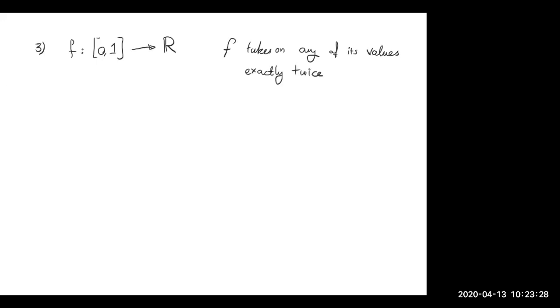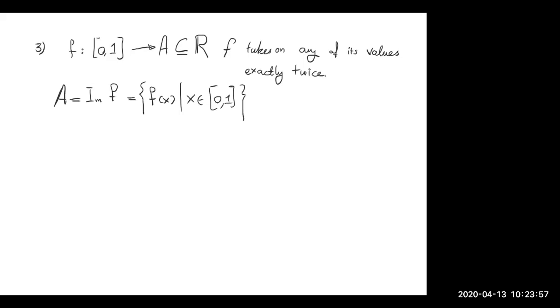What do I mean by that? The range of f is a subset of R. Let's denote it by A. A is the range or image of f. It is the set of all the points f of x, where x is in the interval from 0 to 1.